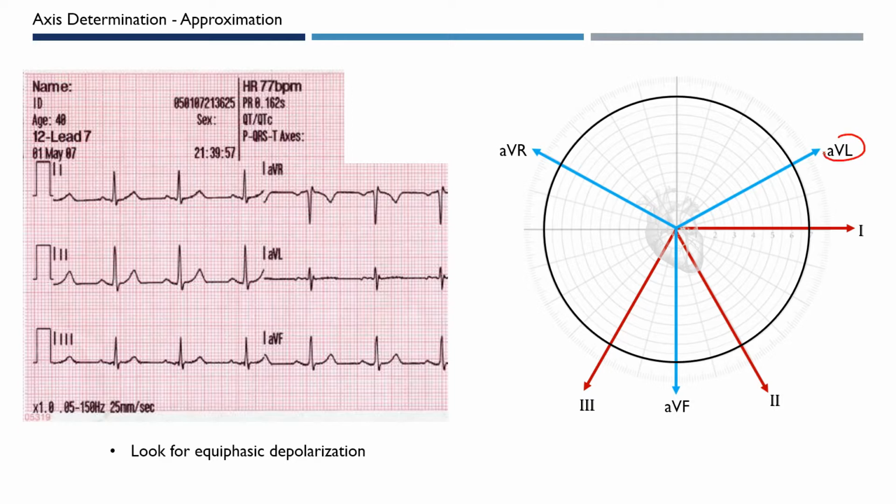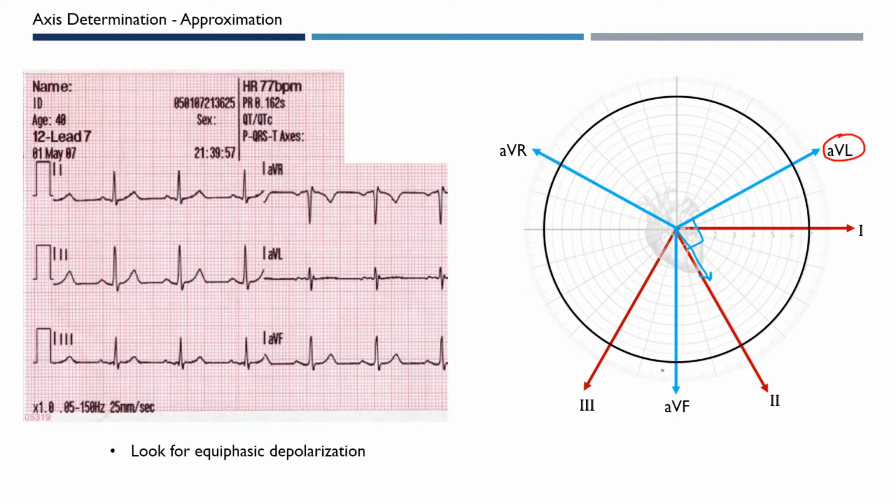AVL lead is located here, and it is at negative 30 degrees. What this tells us is that the electrical path in the heart is perpendicular to AVL. In this instance, that perpendicular path is equivalent to lead 2, or 60 degrees. And you can see it is indeed a right angle there.